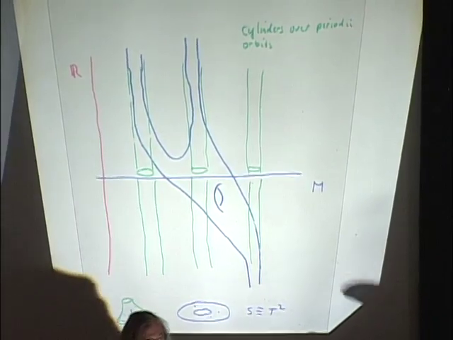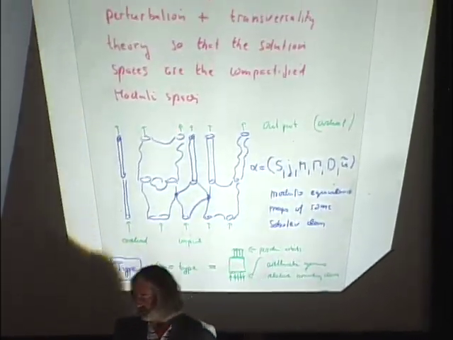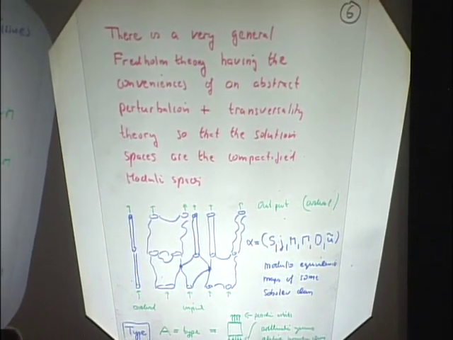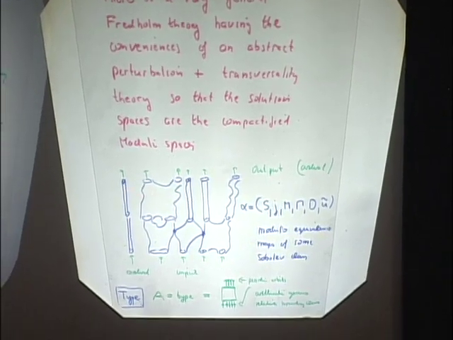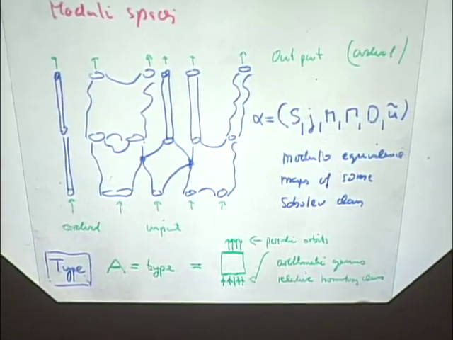So rather than looking at solutions, you can look at a space of functions which has this kind of objects. They are in some Sobolev class here, so they look a little bit more wiggly, so they are not solutions. You have the notion of equivalence.